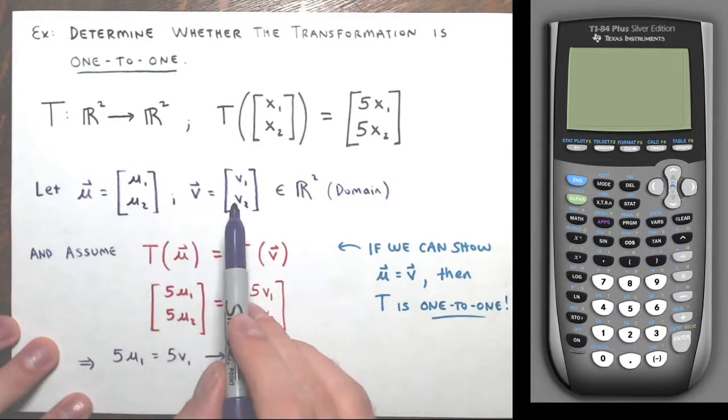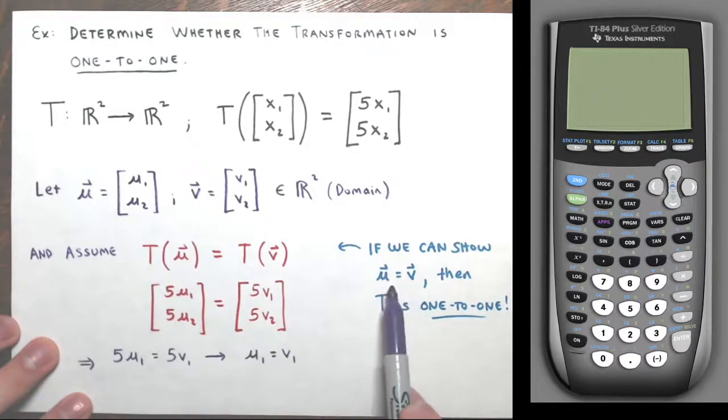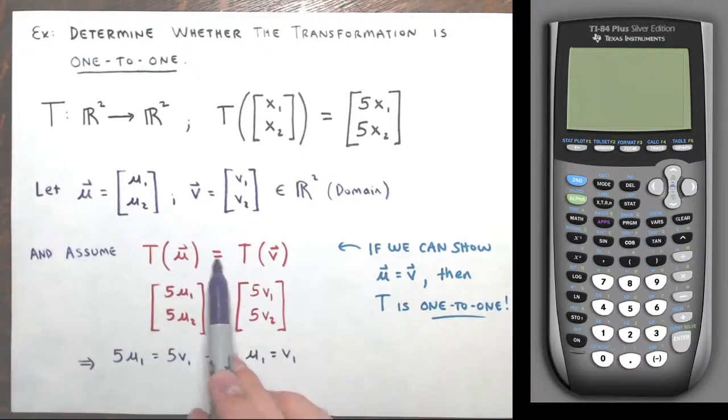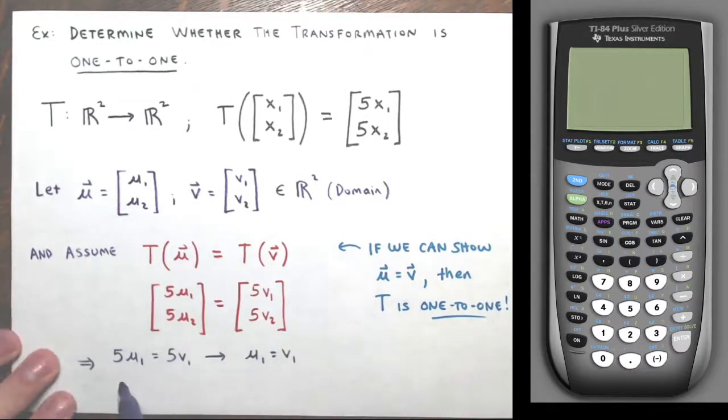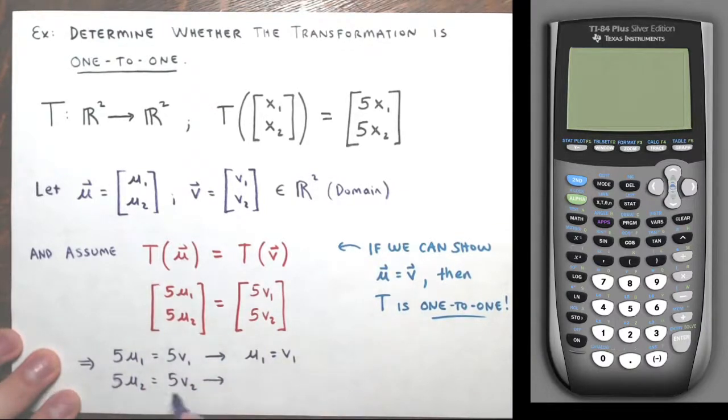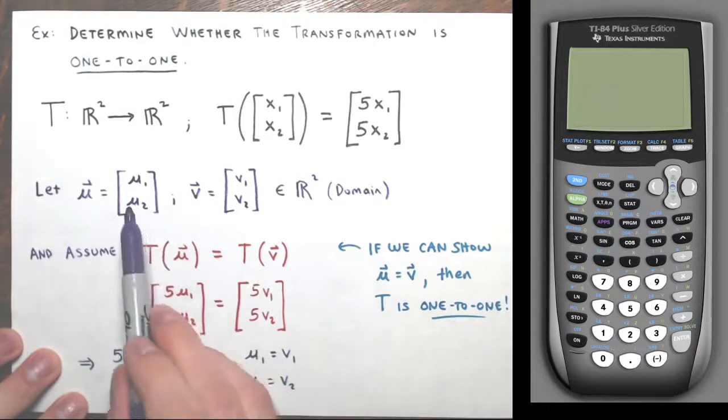Now I just need to show that the second components are equal, and then we'll have the statement u equals v, and therefore, since when the outputs are the same, the inputs are the same, T would be one-to-one. So the first components are equal. The second components are also equal. We'd also have 5u2 equal to 5v2. And again, simply dividing both sides by 5, it's very clear to see that u2 must be equal to v2.